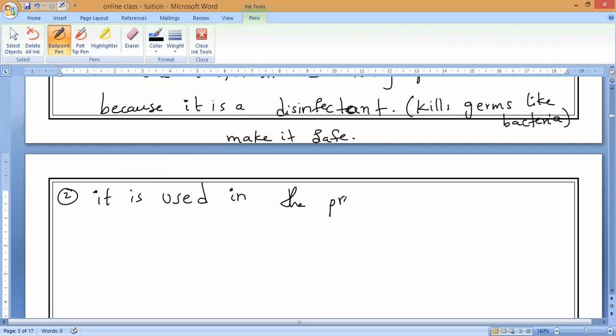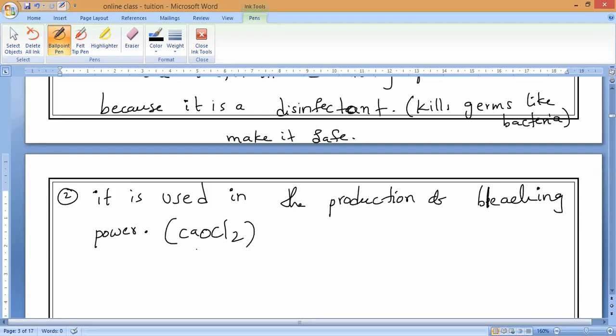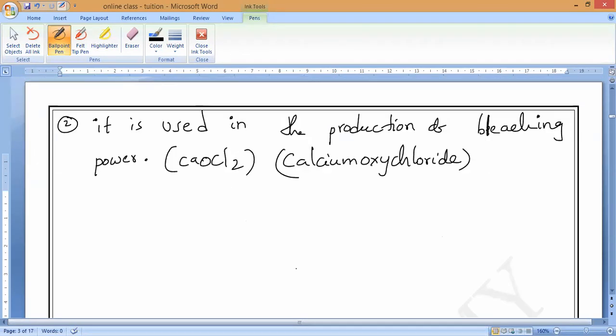Bleaching powder in our homes, municipality water and all, is used to kill germs. In Corona time we used more bleaching powder. The formula is CaOCl2, calcium oxychloride. Everybody should remember, chemical formulas are most important.